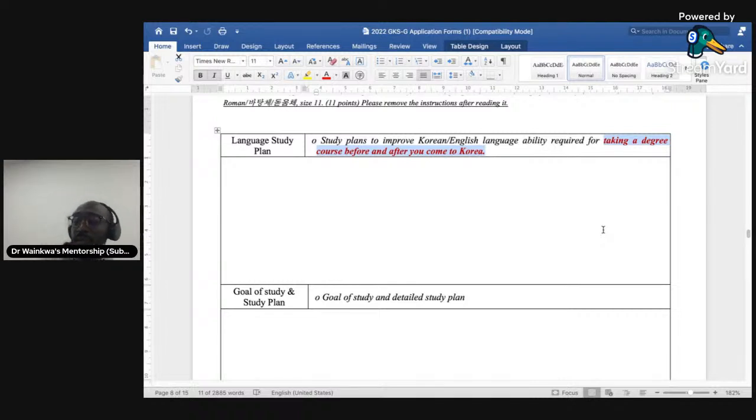For example, if you want to study soil science, you might say you're coming from a community where soil productivity decreases throughout the year. But because you have limited laboratories in your country that can carry out soil analysis, you want to study soil science in Korea, so that you can evaluate soil properties and assess the health of soils, which will help in improving crops within your country when you go back.